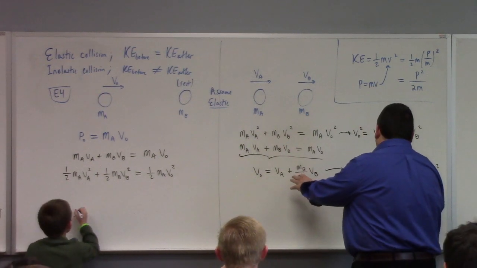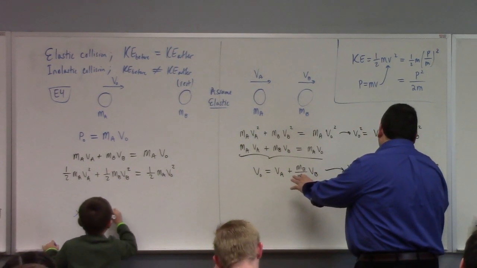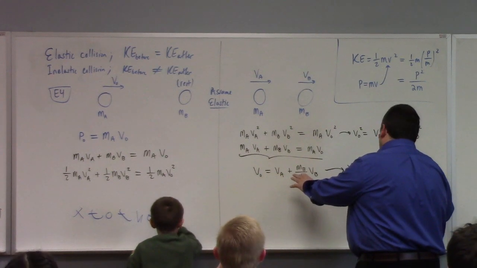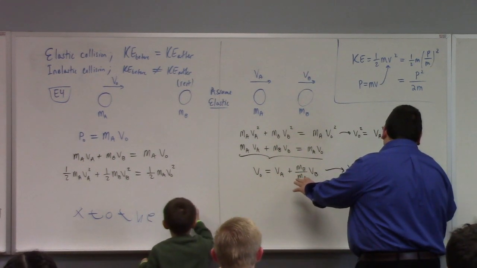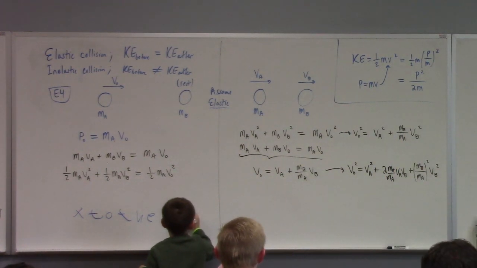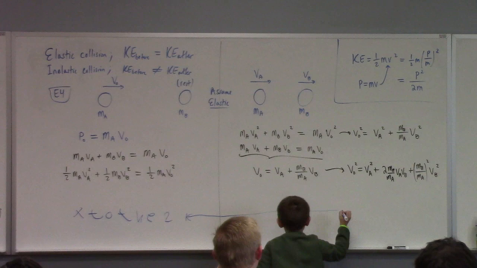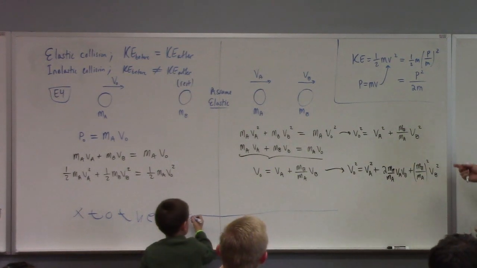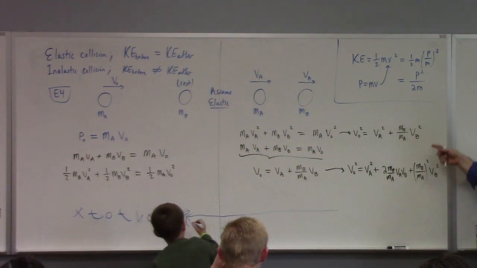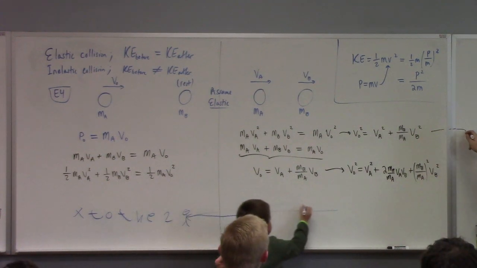All right, so we get twice MB over MA VA VB, because we have the cross term in the squaring. And so if this is equal to that, what do you get? These two have to be equal because they're both equal to V naught squared.